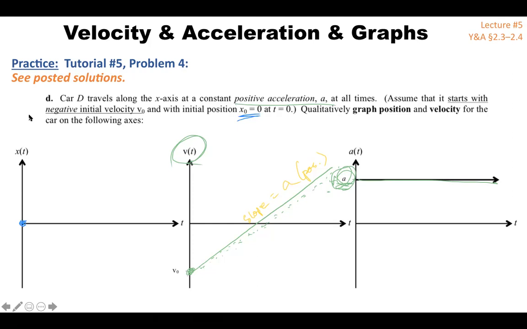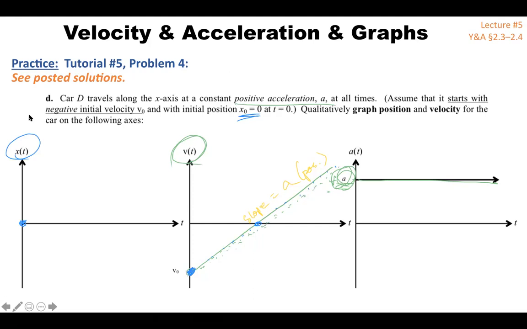And now we want to create a plot whose slope starts out at a negative value and then becomes less negative over time, gradually touching zero, and then becoming more positive over time.